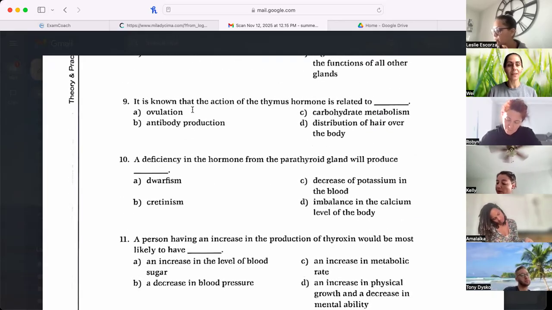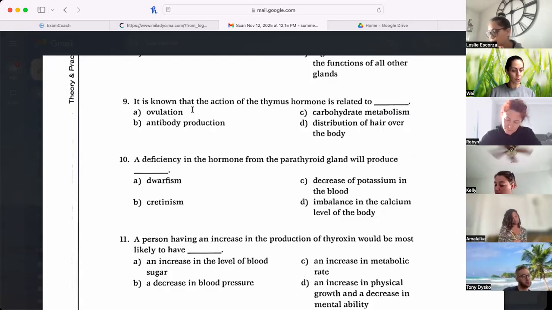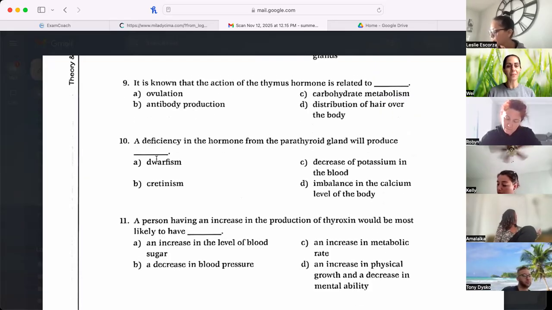Okay, Tony, number 9. It is known that the action of the thymus hormone is related to T cells, so antibody production. Correct. Number 10, good job. Let's do Robin. Did I do Kelly? Leslie. I got it.